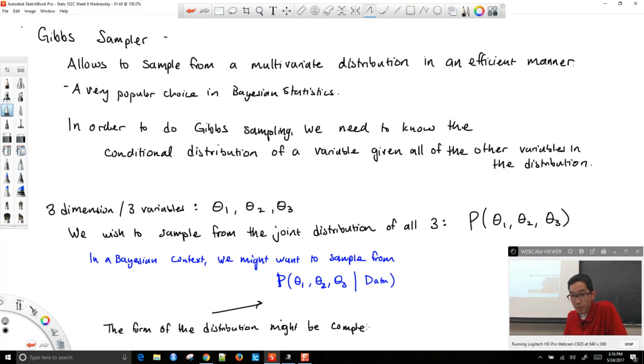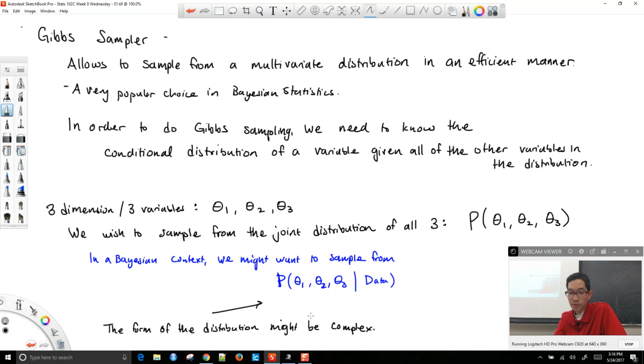Maybe not, but it might be complex, and maybe it's really hard to draw all three values together at the same time. So with the Gibbs sampler, what we do is we create conditional distributions for each of the parameters.